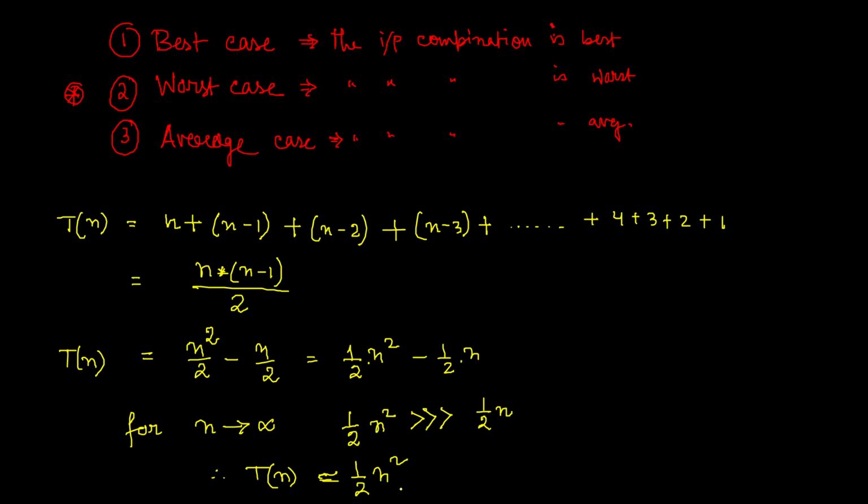And this n square is multiplied by the factor half, where the class of function is the square, which is just multiplied by the half. So you can delete this particular constant term.